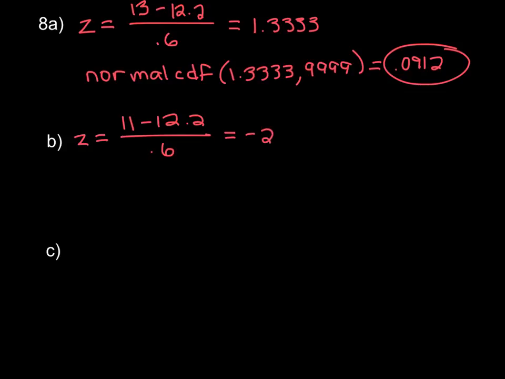Because they want the probability that the volume is less than 11 ounces, the z-score is going to be our upper bound, and the lower bound is going to be a number that represents pretty much negative infinity, a really small number. Whenever you see less than, when you go to normal CDF in your calculator, you're going to use a really small number like -9999, and go up to the z-score.